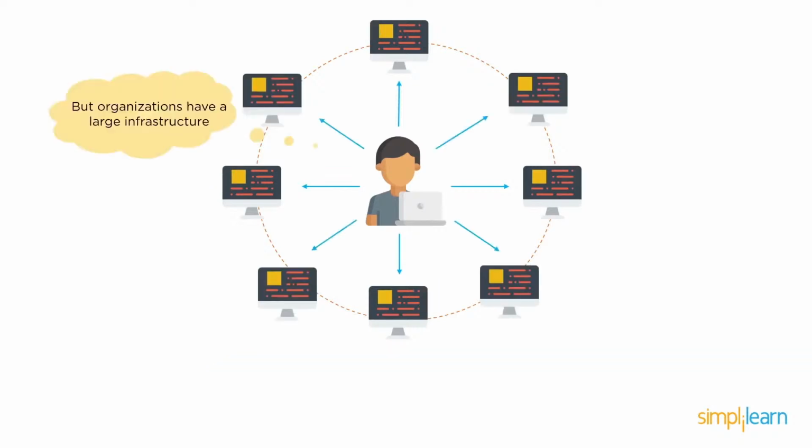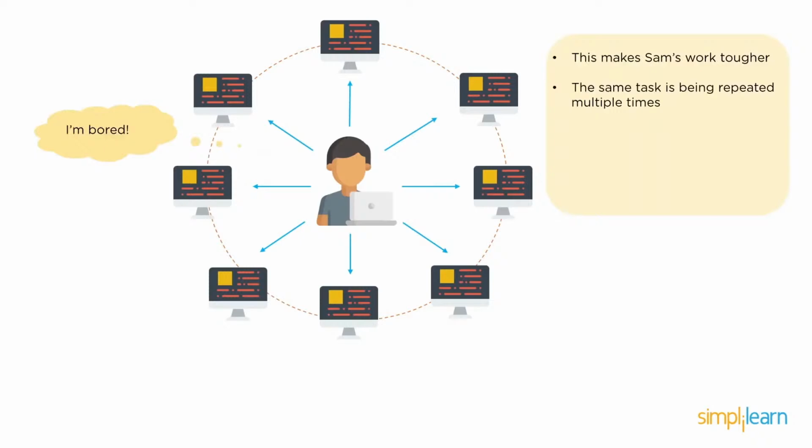An organization has a very large infrastructure. It could have hundreds and thousands of systems. So here is where Sam's work gets really difficult. Not only does it get tougher, Sam has to move from system to system, performing the same task over and over again. This makes Sam bored. Not just that, repeating the same task leaves no space for innovation.